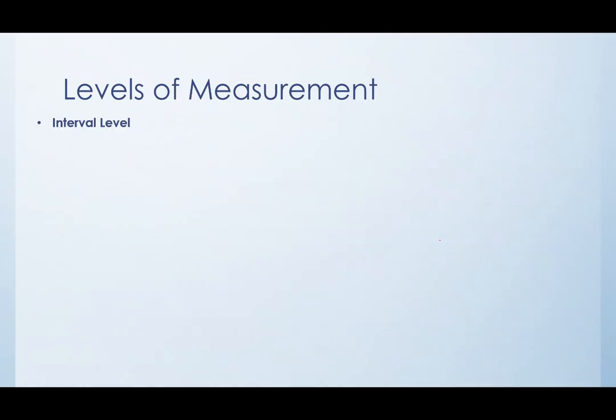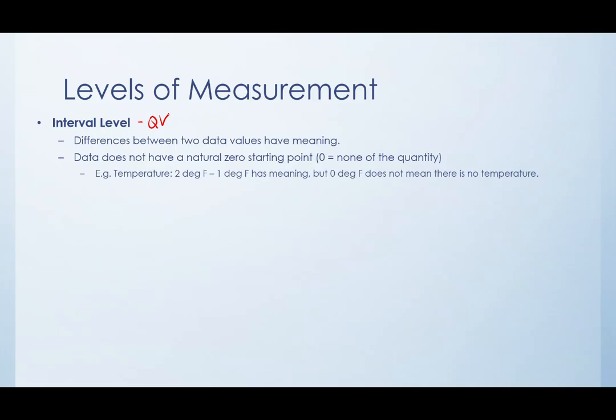Okay, our last two levels of measurement are interval level, and this is going to be for quantitative variables or quantitative data. Here, the differences between two data values have some sort of meaning, but our data does not have a natural zero starting point. A natural zero starting point means that a response of 0 means an absence of whatever it is being measured, none of the quantity, okay?